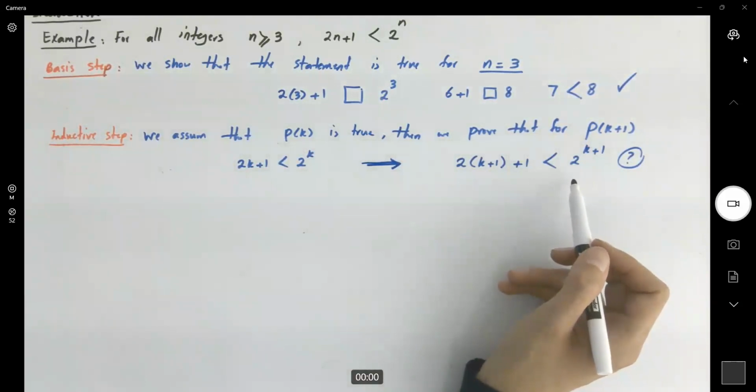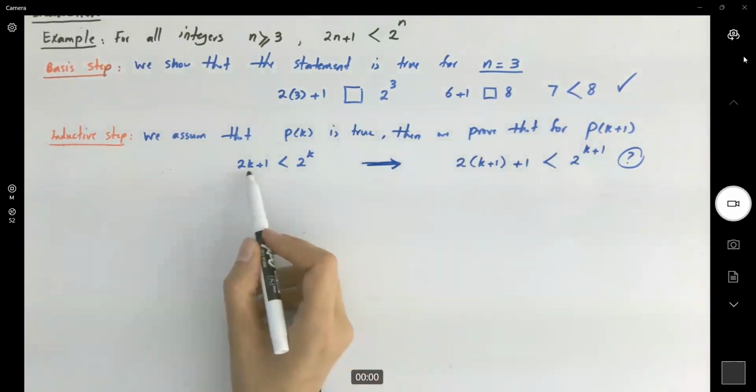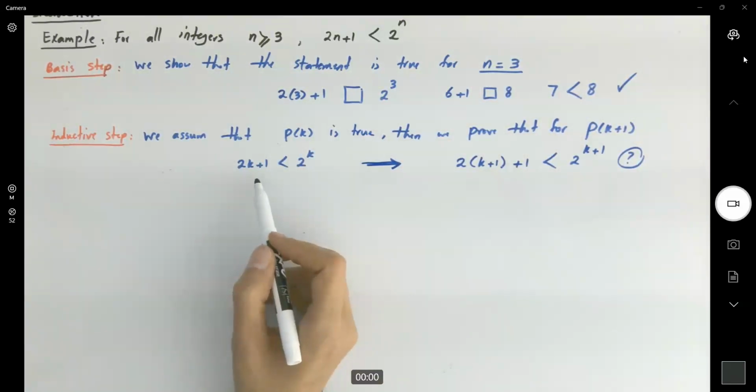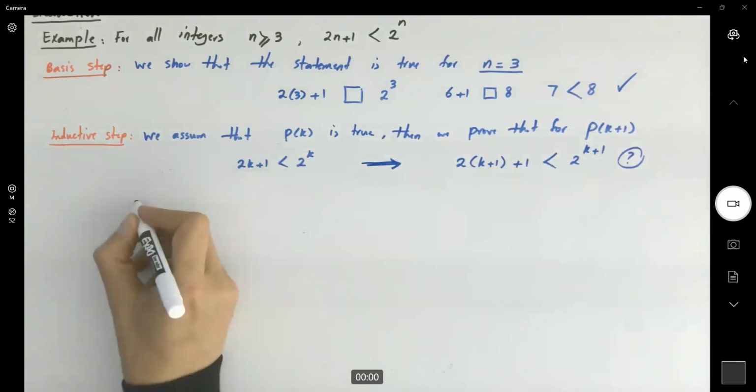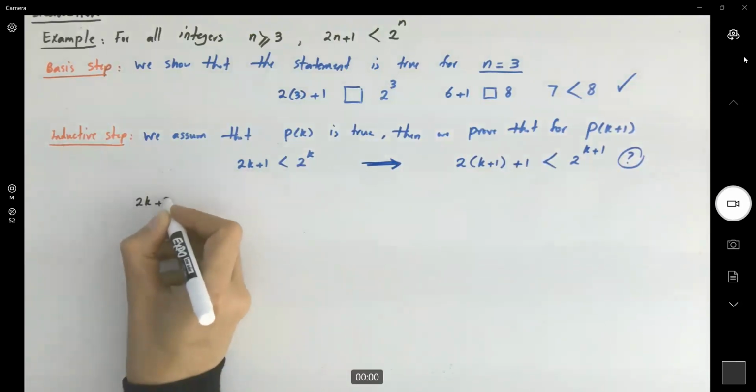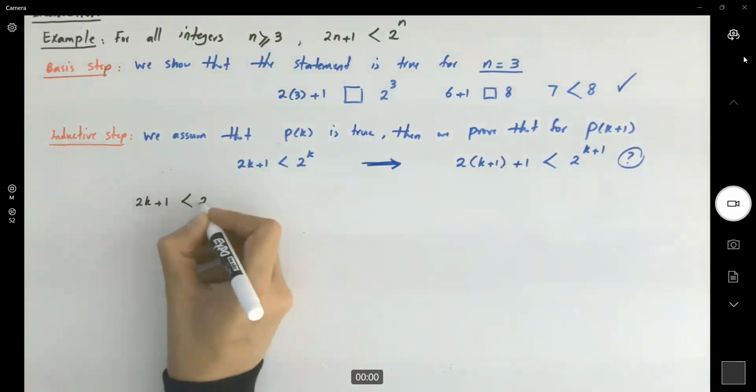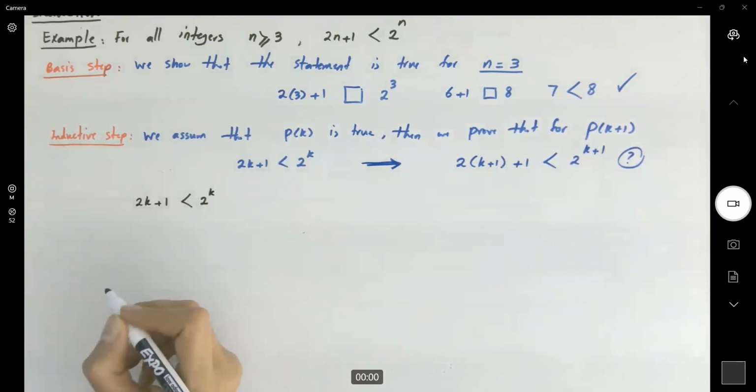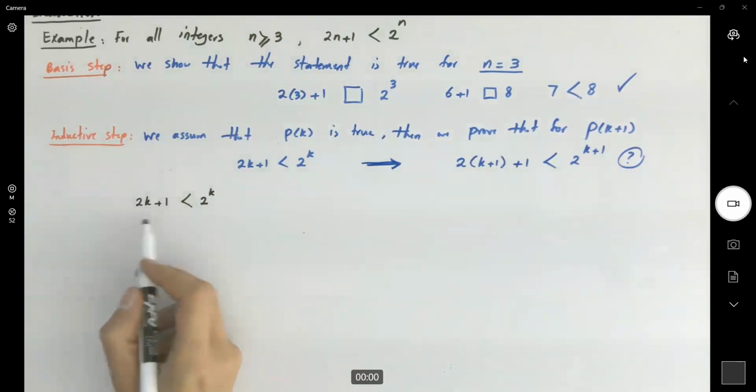Well, take a look at your P(k), the initial statement. 2k plus 1 is less than 2 to the power k. You already know this.